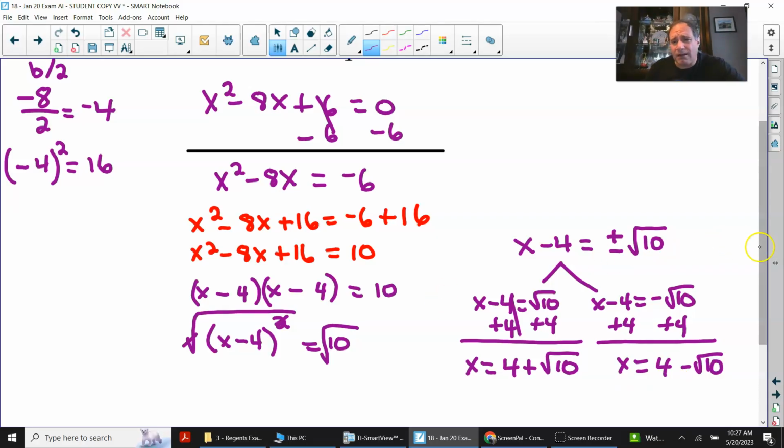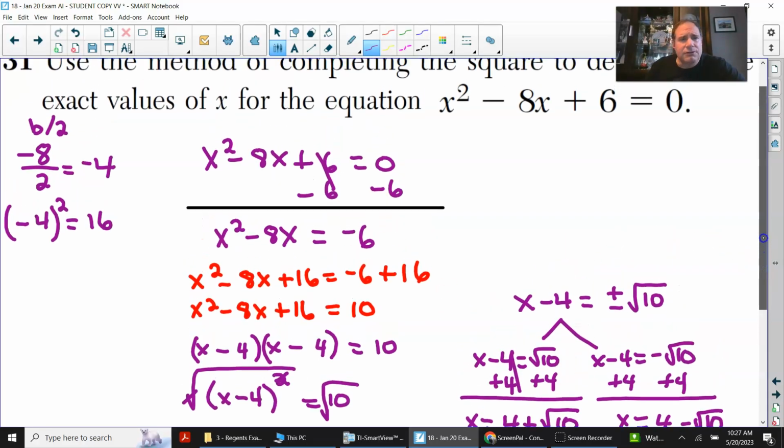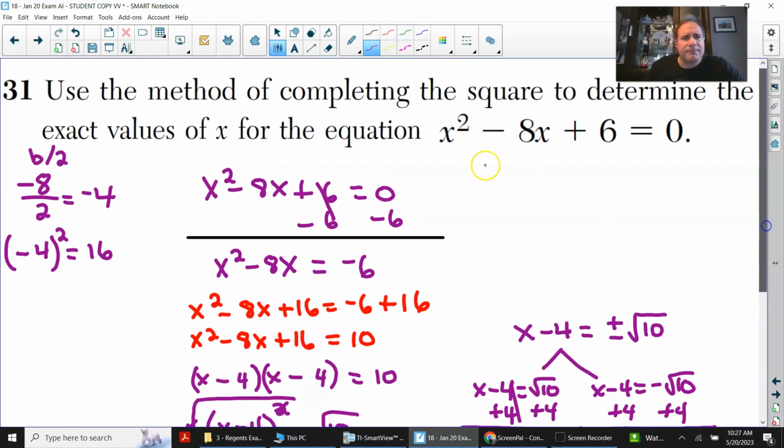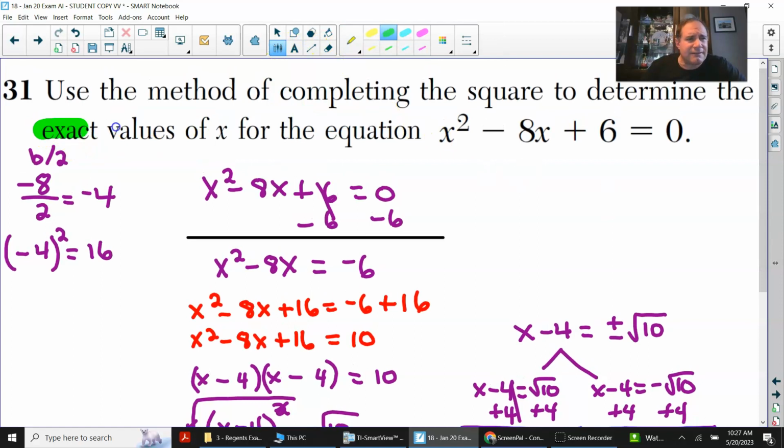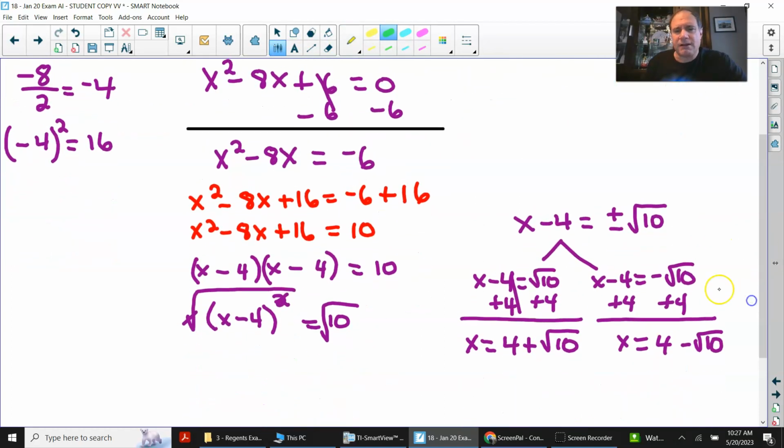Let me just go back up. I just want to make sure you understand when it says exact values of x, you must not round. So these are the exact values of x. Square root of 10 is a non-perfect square.